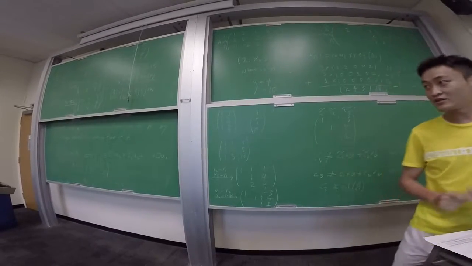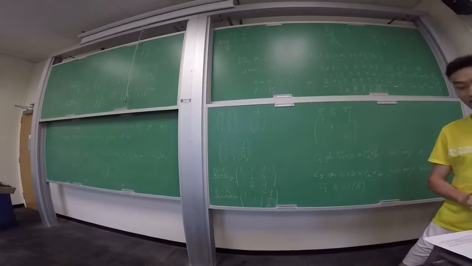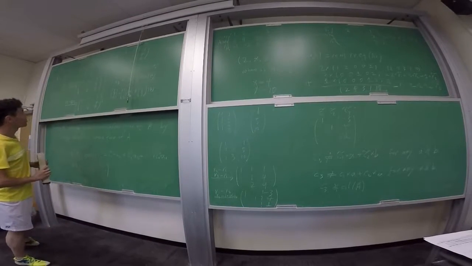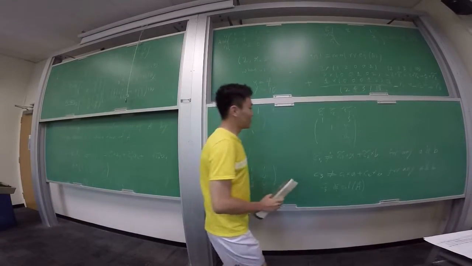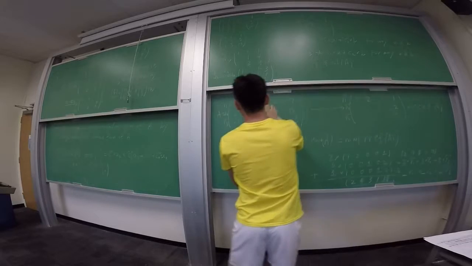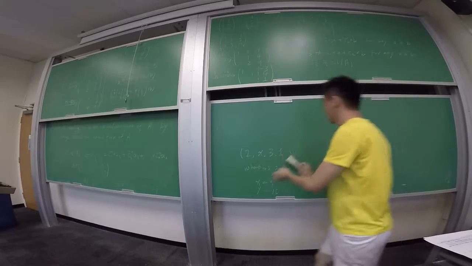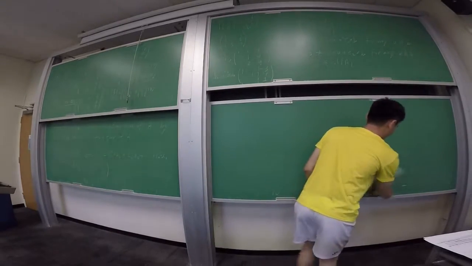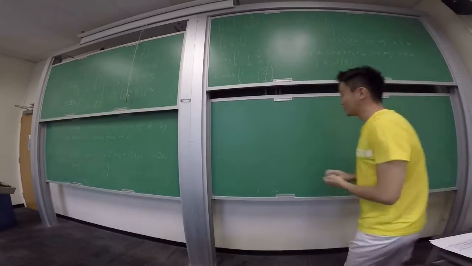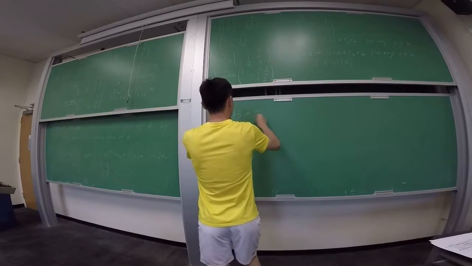Okay, so as I said earlier, in the matrix multiplication you have that AB is equal to C, right?